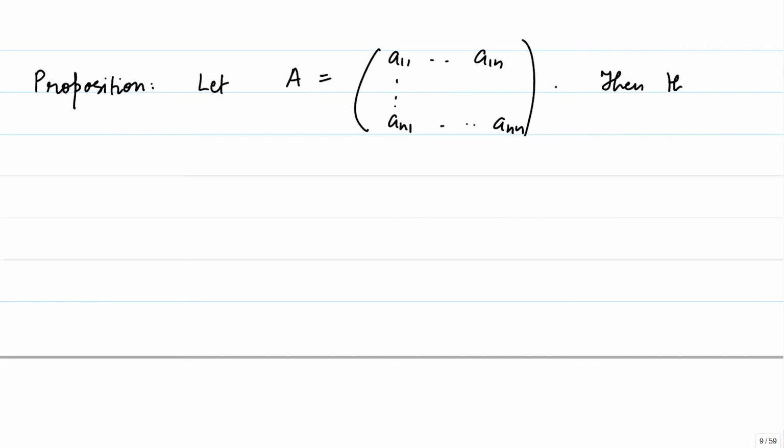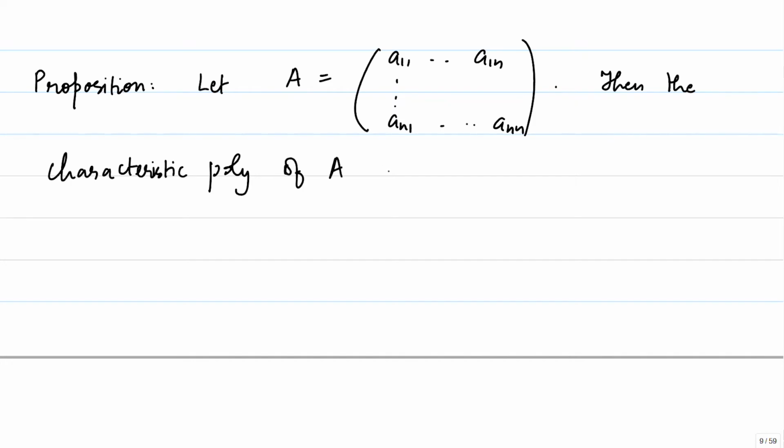So, let A be the matrix A11 to A1n, An1 to Ann, an n cross n matrix with real entries. Then the characteristic polynomial of A has a particularly nice form.